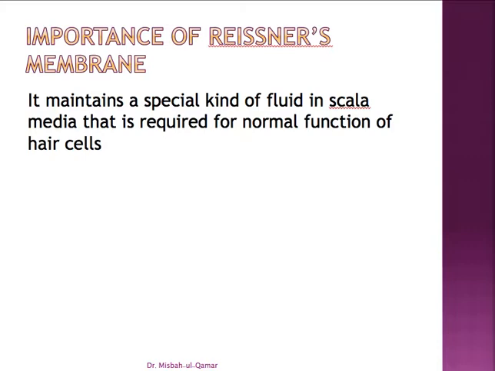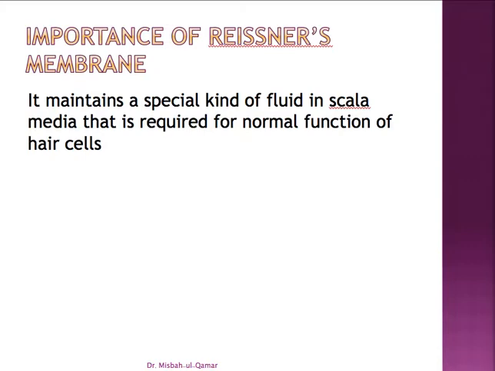Now, what is the importance of the Reissner membrane? Basically, it maintains a special kind of fluid in the scala media, which is required for the normal functioning of the hair cells. I already told you that the scala media has endolymph, while the vestibuli and the tympani have perilymph, and the chemical composition is different from each other.